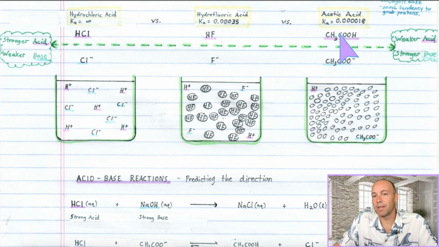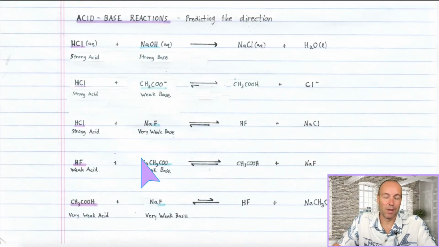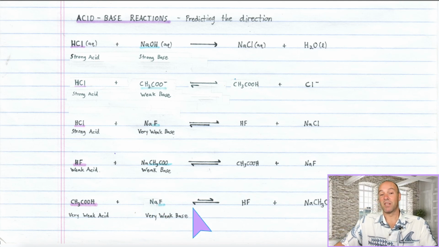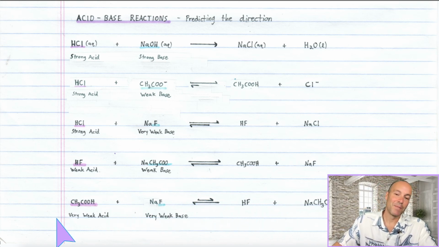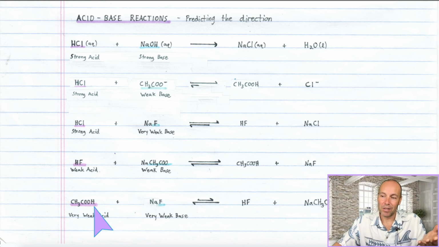This is the weakest of the acids that we've considered so far. And so when you put them together, it's like, okay, we'll do a proton transfer reaction if we have to, but most of us aren't going to do it. So some of it will react. The proton will be transferred a little bit, but most of it will not. Anyway, I hope you see that as the acid gets weaker and weaker, its ability to transfer the proton diminishes.